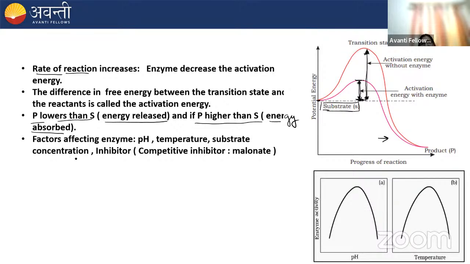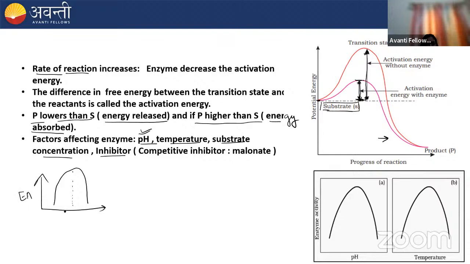And there are many factors which affect the enzyme. One is the pH, then temperature, substrate concentration, and inhibitor as well. First, let's discuss the pH. We get this bell-shaped curve. Here is the enzyme activity.